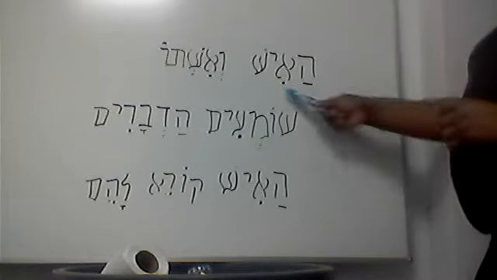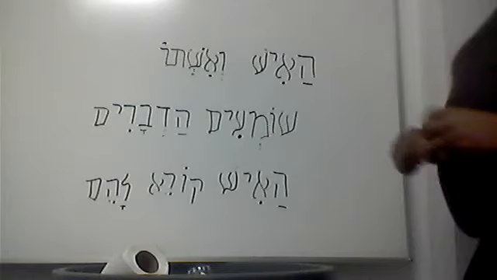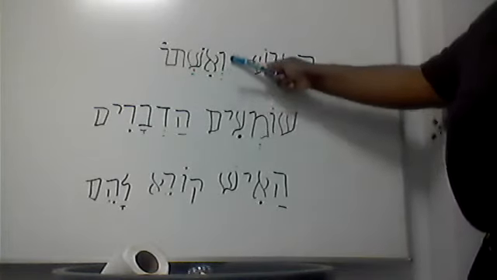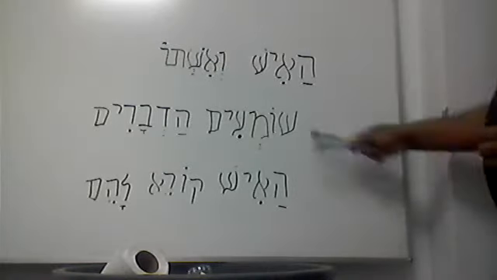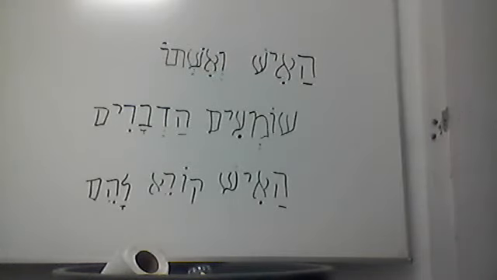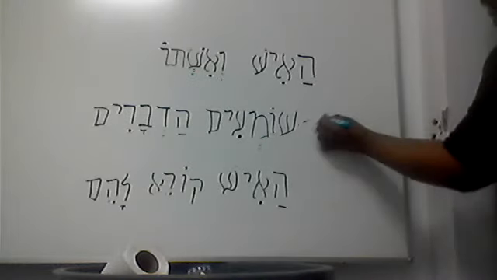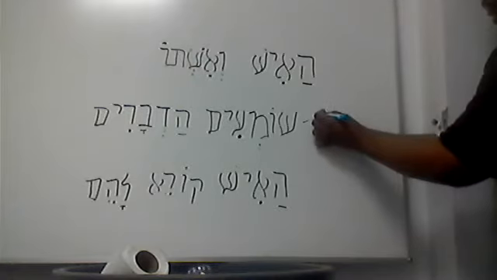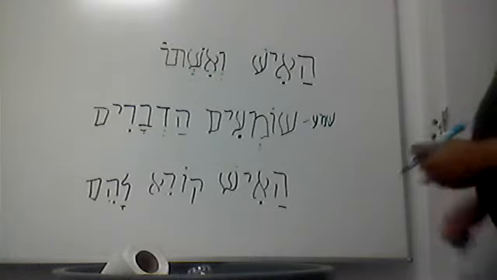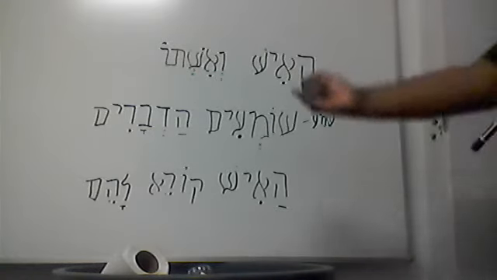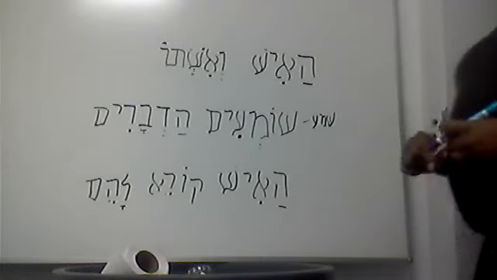Ha ish, the man. Ve ishto. Ve means and. Ishto, his wife. Shom'im. Let's understand something. This word here comes from the root word shama. Now, you have shomea, shoma'at, shom'im, shom'ot, as we went over in lesson number 26.